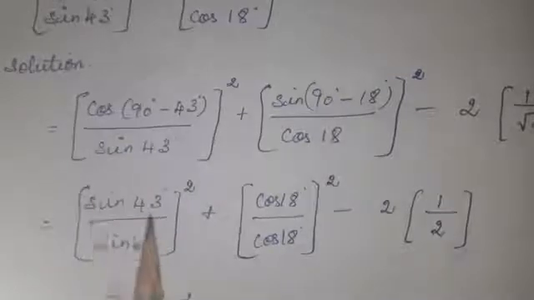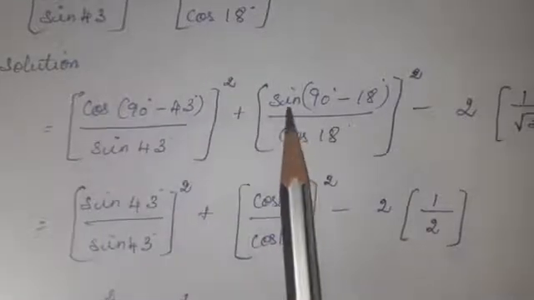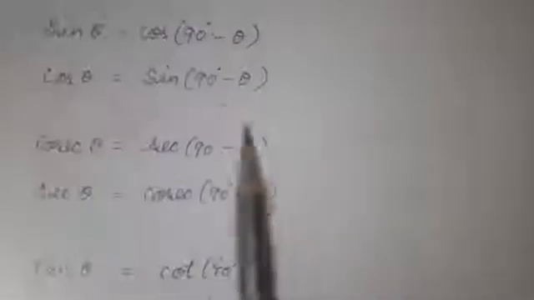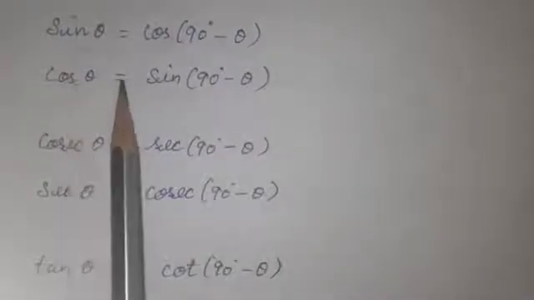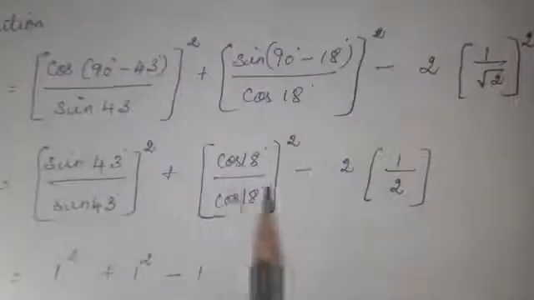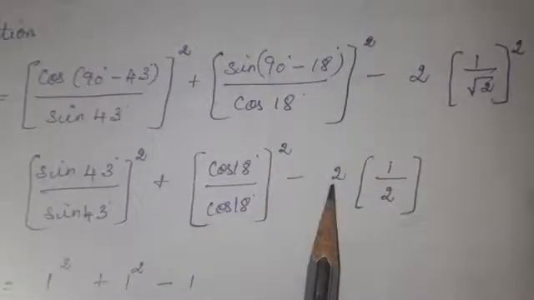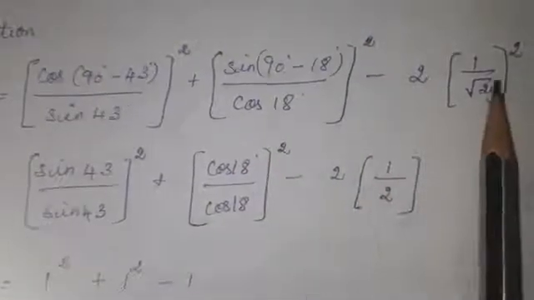So sin 43 divided by sin 43, the whole squared, plus the same formula: sin of 90 minus theta is cos theta. In the theta place we have 18. So cos 18 divided by cos 18, the whole squared, minus 2 into 1 by root 2, the whole squared.